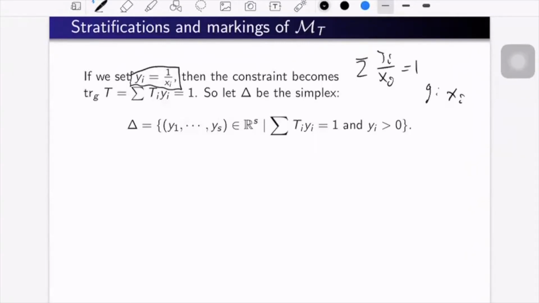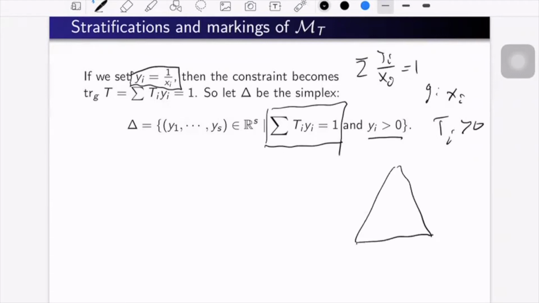And I can define a simplex. So look at this constraint, trace equal to 1. Y must be positive. And T is my prescribed tensor, and I always assume that the components Ti are positive. My tensor is positive definite. So this gives you a simplex.